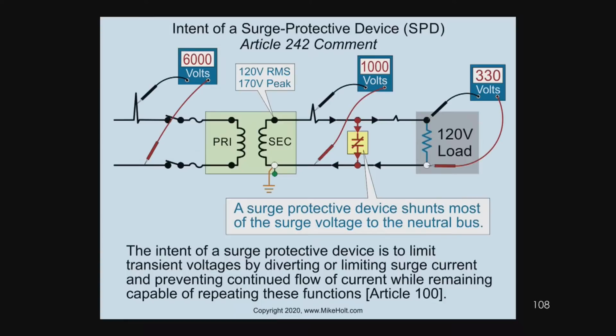So if you exceed the rating of the device, it's going to get real hot, and it can actually catastrophically fail. It can ignite. MOVs are also susceptible to thermal runaway. There's a whole host of issues that can go wrong with MOVs, and that's a well-known problem.